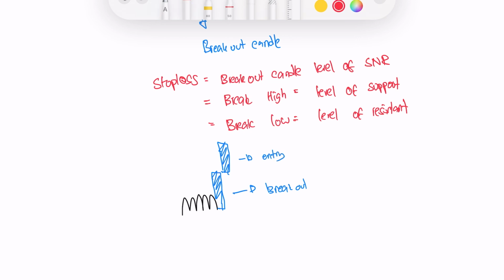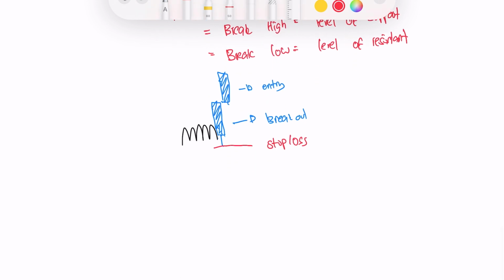Okay, the lowest point of the breakout candle, let's just assume it leaves a shadow over here. Okay, the lowest point of the shadow here would be our stop loss.